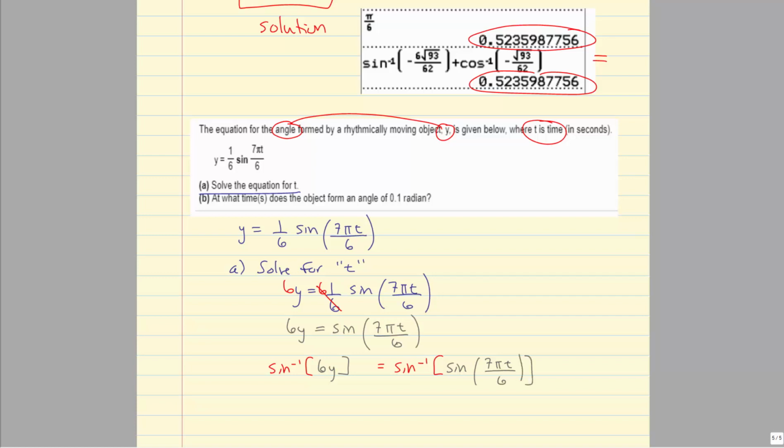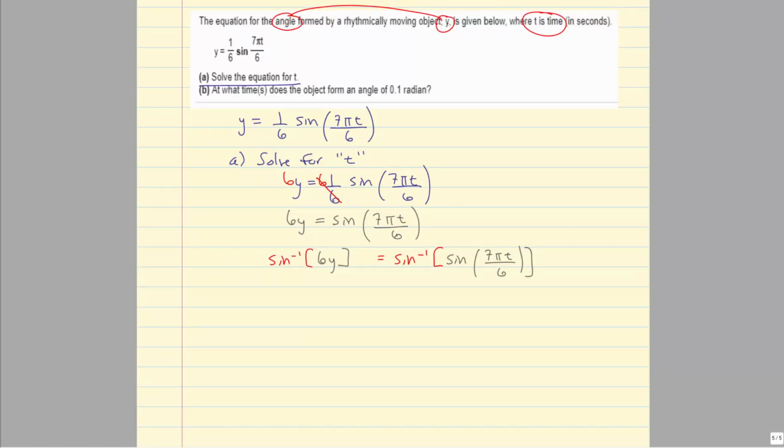Okay, so let's see what we have on the left-hand side here. The inverse sine of 6y, nothing happens there. But on the right-hand side, the inverse sine and the sine cancel each other out to just leave me with the argument of the trig function, which was 7 pi t over 6. Now we're trying to solve for t, so I'm going to multiply both sides by 6 over 7 pi.